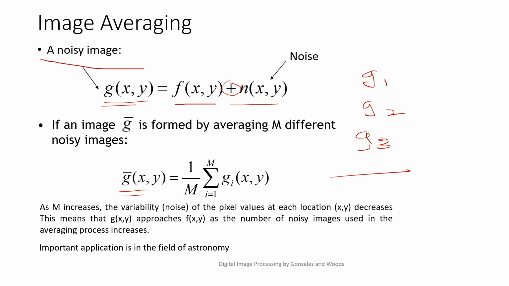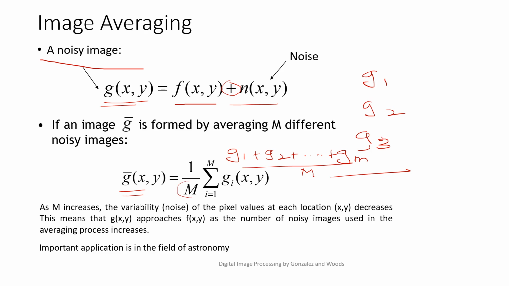I repeat again, here in this formula you will replace this g i with g1 plus g2 plus g3, till g m, divided by m.